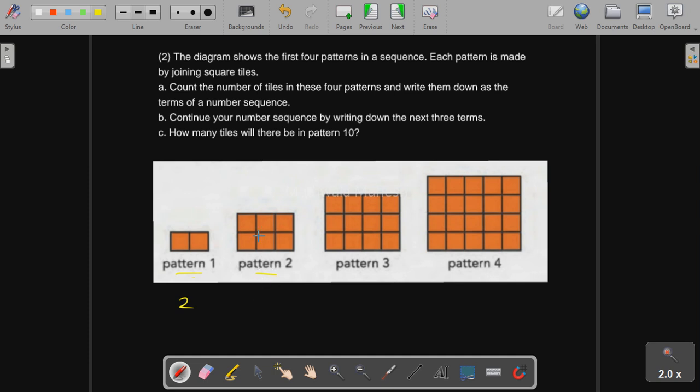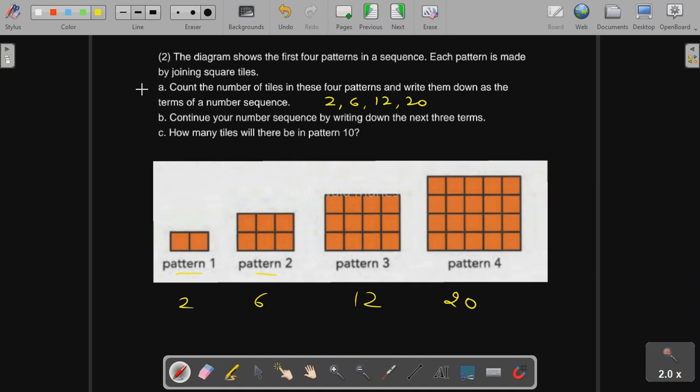In pattern 2, you can see that 3 and 3, 6, and in pattern 3, 4, 8 and 12 tiles. In pattern 4, 5, 10, 15 and 20. So there are 20. So the answer for the option is 2, 6, 12 and 20. Okay, this is the number sequence.